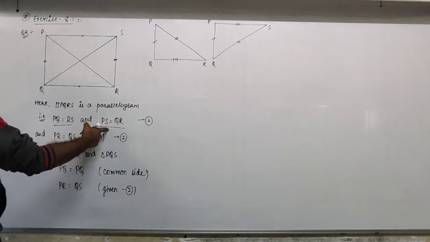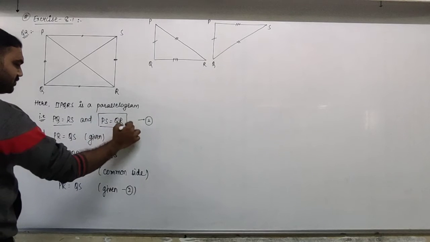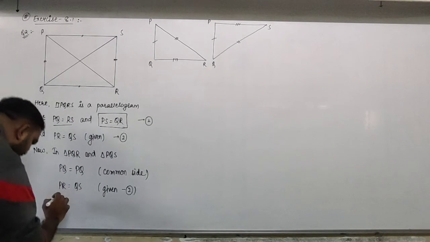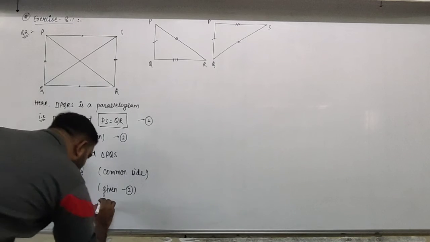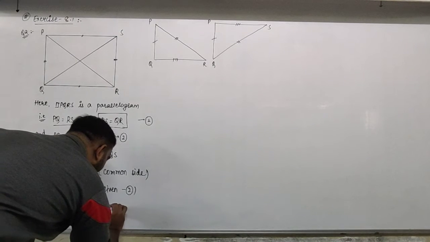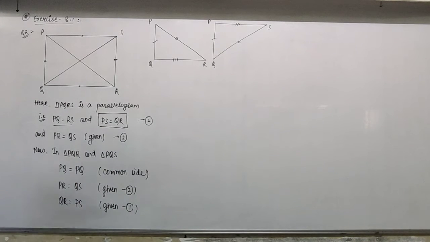And QR is equals to PS, that is given number 1, the first result.